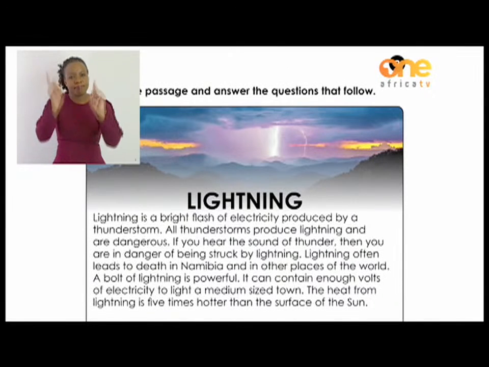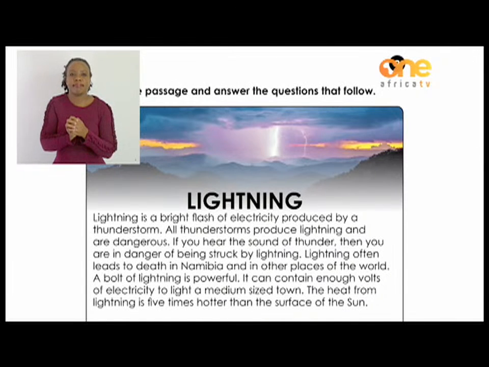Lightning often leads to death in Namibia and in other places of the world. A bolt of lightning is powerful. It can contain enough volts of electricity to light a medium-sized town. The heat from lightning is 5 times hotter than the surface of the sun.